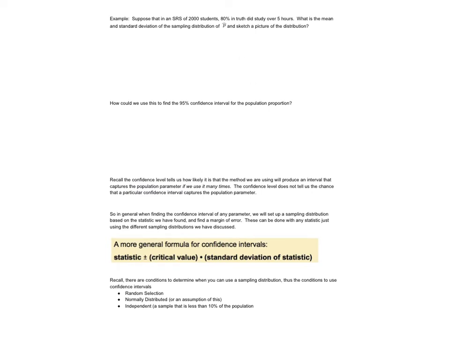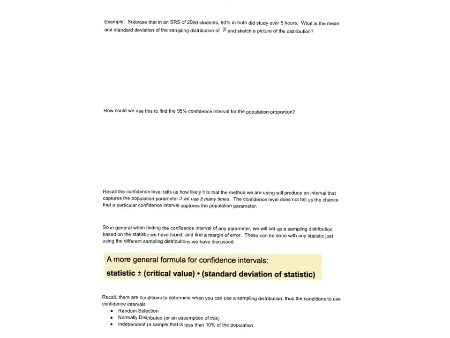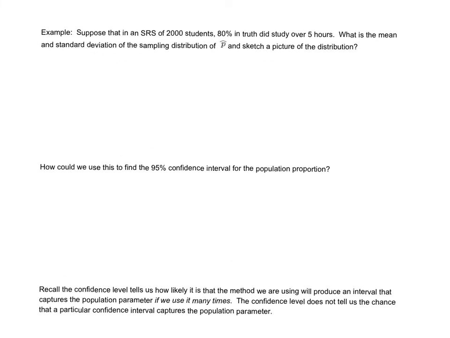So our example says: suppose that in an SRS of 2,000 students, 80% in truth did study over 5 hours. What is the mean and standard deviation of the sampling distribution of p hat, and sketch a picture of the distribution. So we are going to go back to chapter 7.